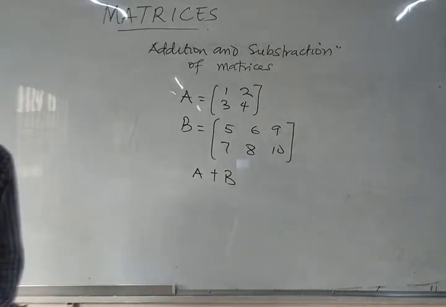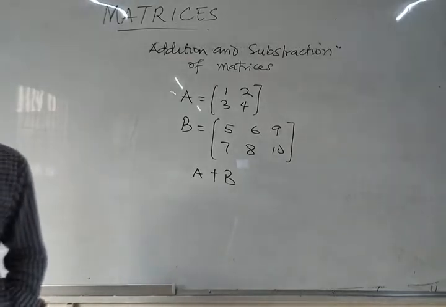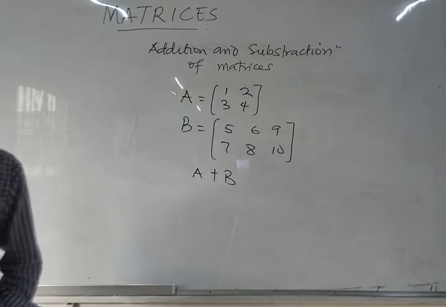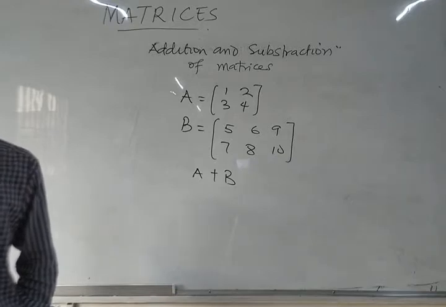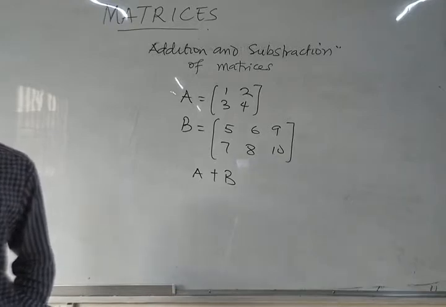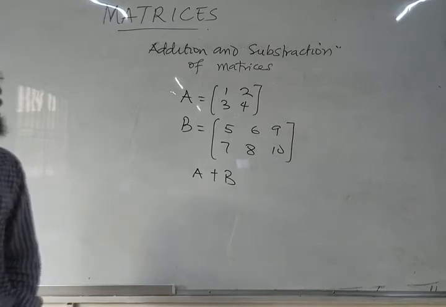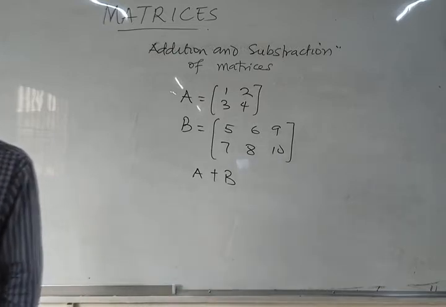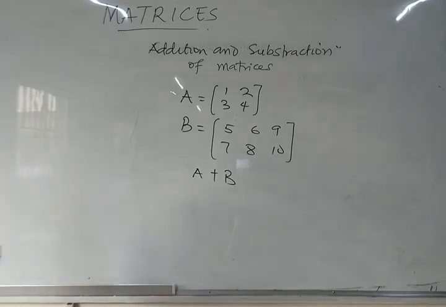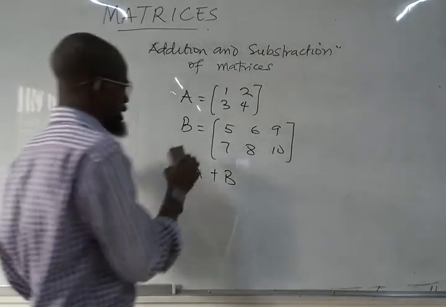However, if we consider matrices of the same size, then addition can be defined in a very natural way. That is, if these two matrices have the same number of rows and columns, then we can do the addition A plus B naturally, the way we normally add numbers.